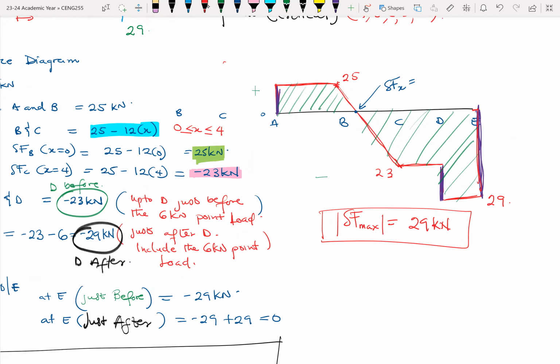And usually it's good to know the location at which your shear is 0, because somewhere along the length of a beam, if your shear force is 0, that's where your maximum bending moment would be.